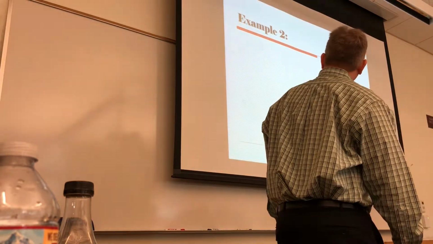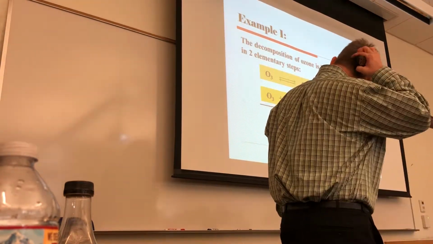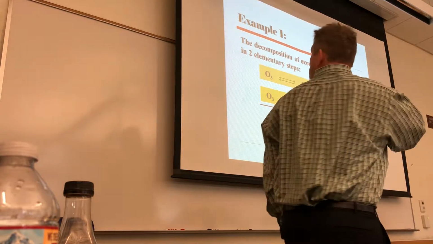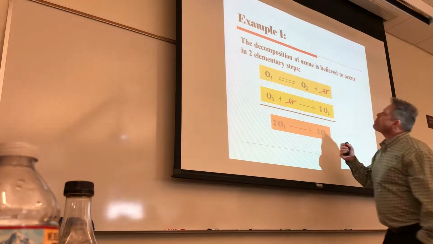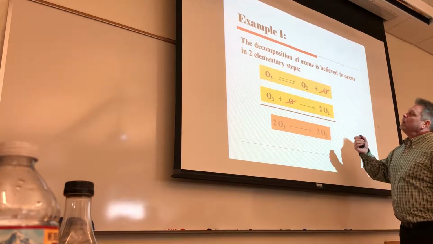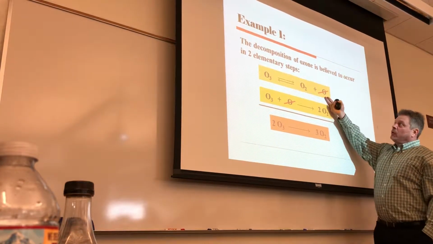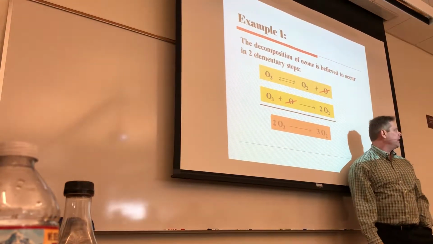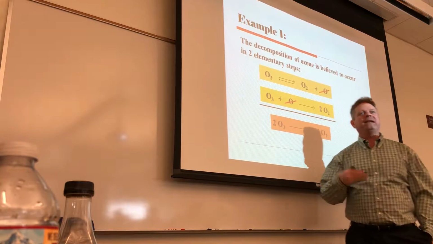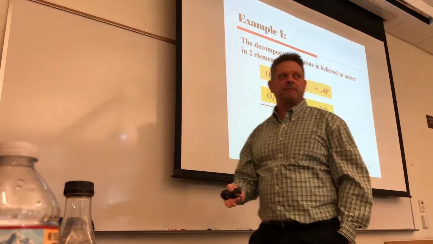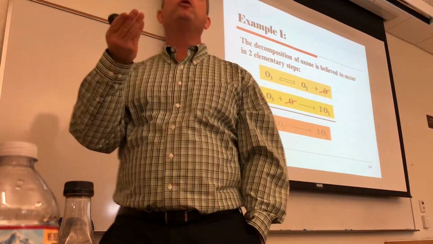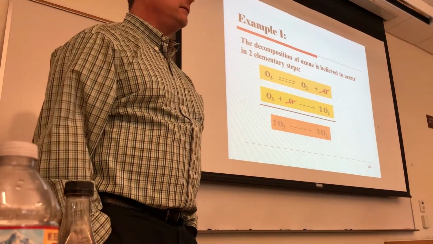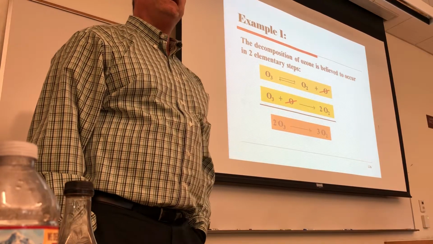I want to add one other thing here. One of these steps is going to occur faster than the other, right? That would be called the rate limiting step. That's a hugely important step to be able to identify in this, okay?